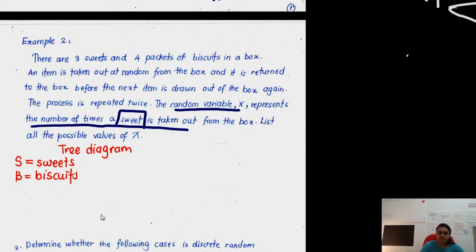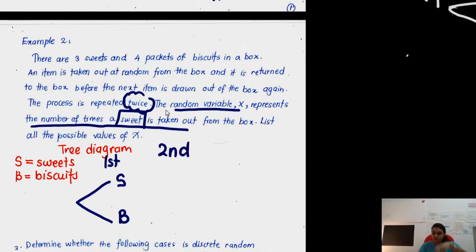So if they are first taking out, like you are going to do the first item, we taking out. So can either come out sweet or can come out biscuits. Correct? How many times they did this? They repeat this process 2 times. So that means this is the first time. Second time.